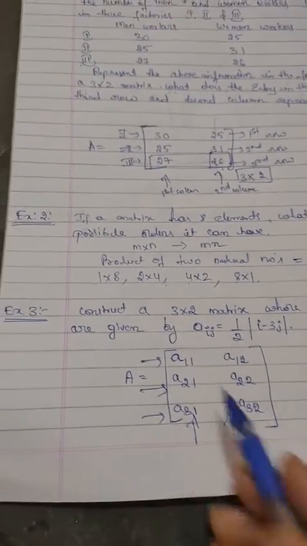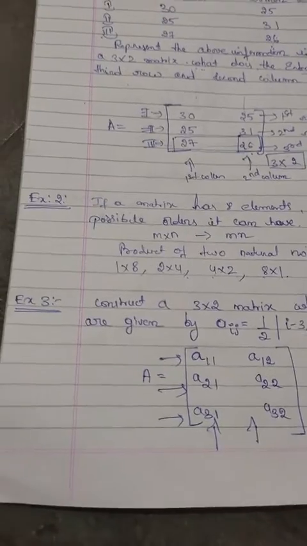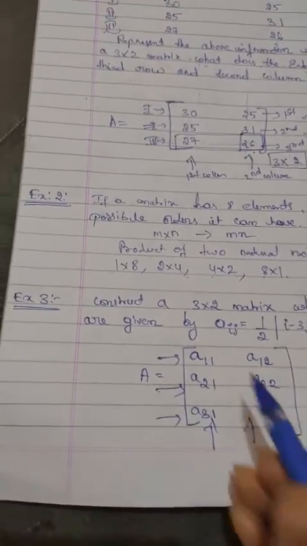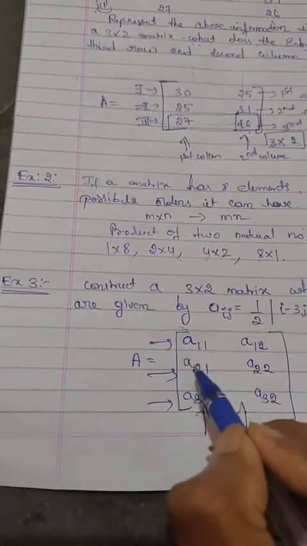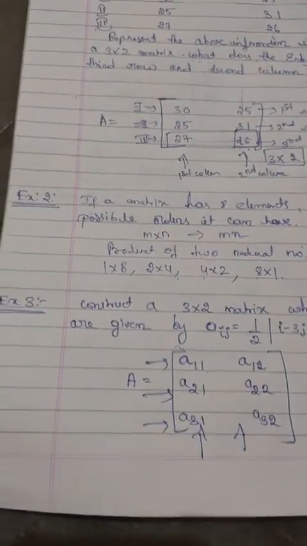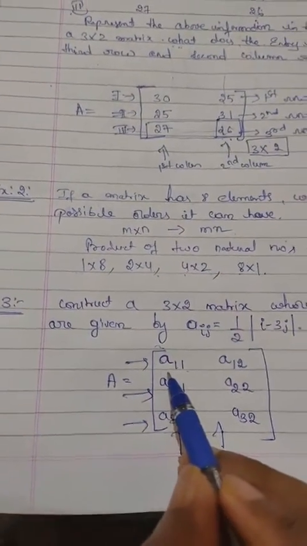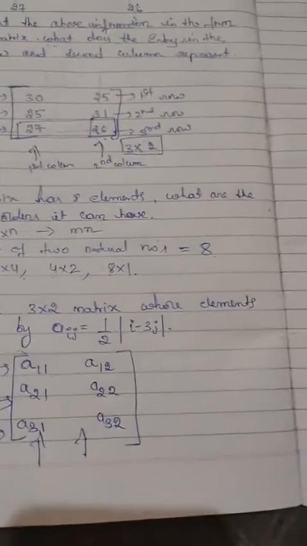i and j mean the ith row, jth column. Now find the first element. What is the value of the first element, which means a11?